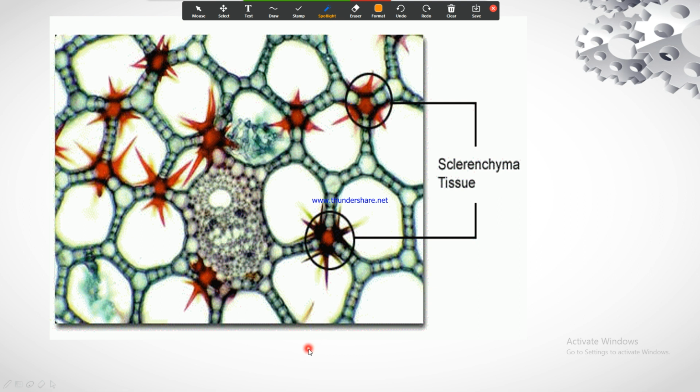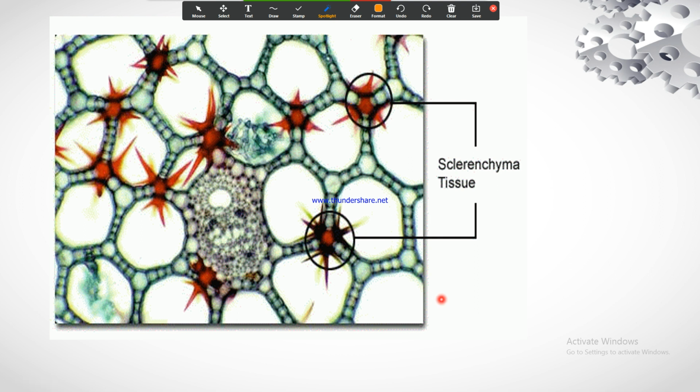So we have discussed collenchyma and sclerenchyma. Collenchyma's main function is flexibility and support. Sclerenchyma provides mechanical support, making some parts of the plant stiff and hard, not the entire plant.